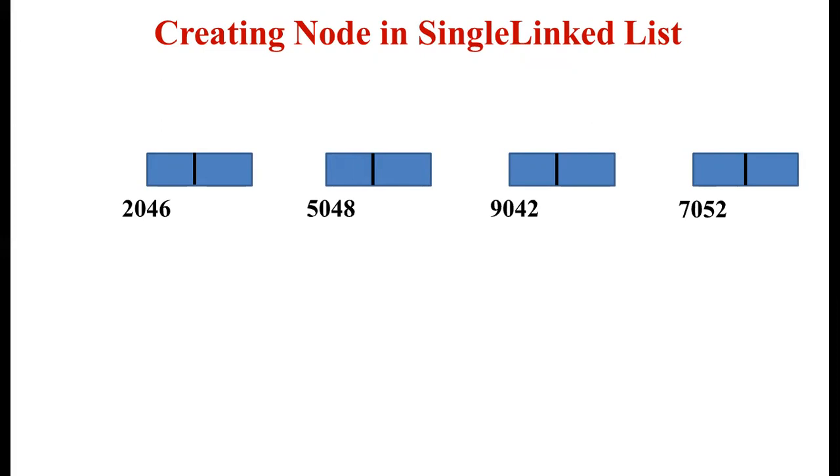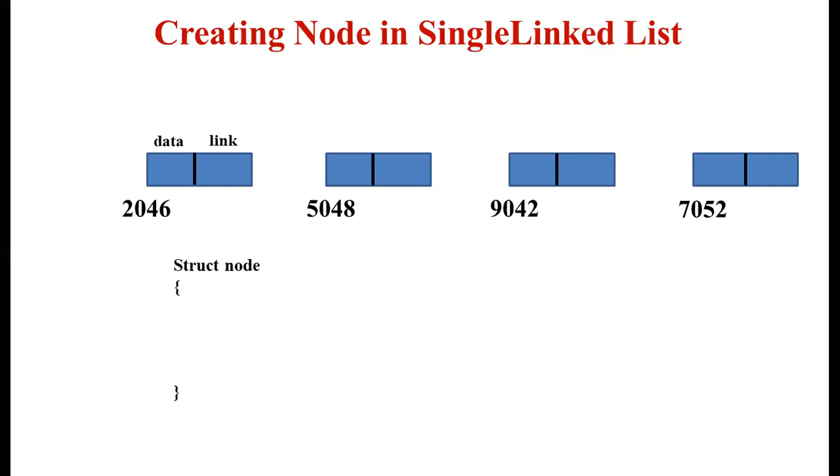We have to create the structure. The structure name we are giving is node. How many fields are there? Here we have two fields. What is the first field? It is the data field, and the second field is a link field.